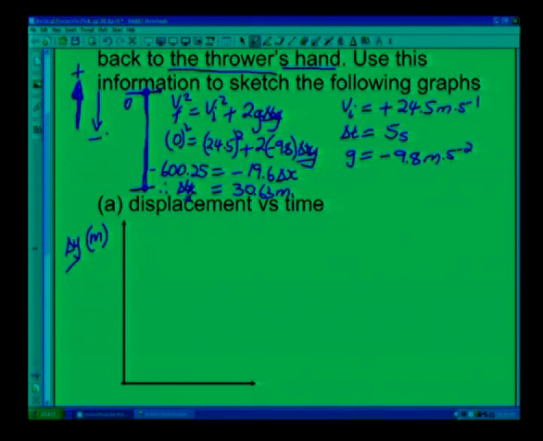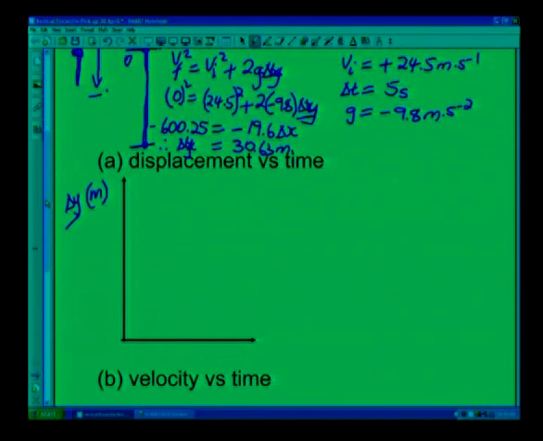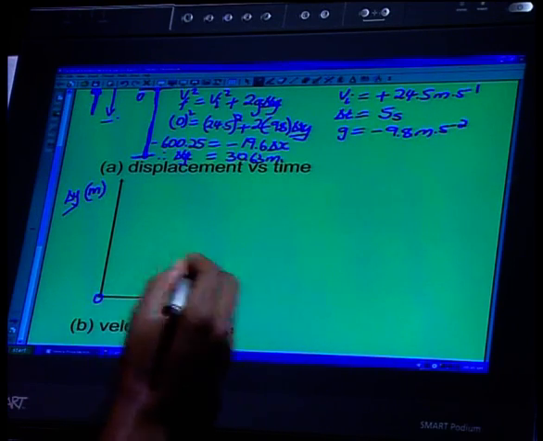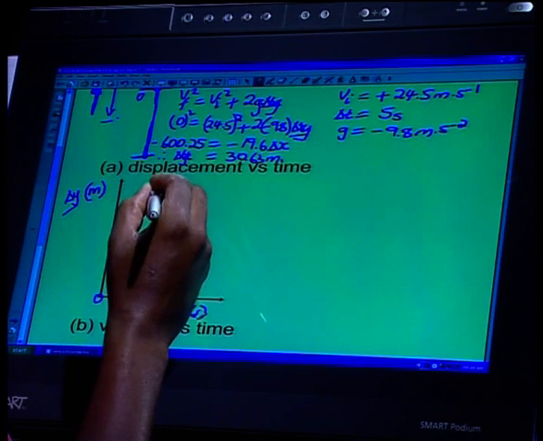We know it was thrown upwards, and its displacement was 0 at the beginning. So that's the 0 point. This is your time in seconds. It went up half the time. Remember, it went up for 5 seconds, so half of that is the time it took to get to the top.